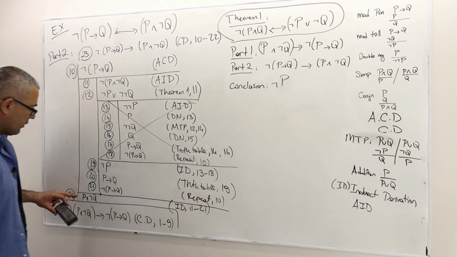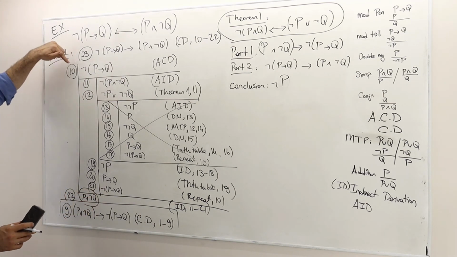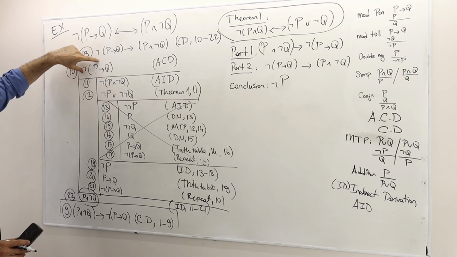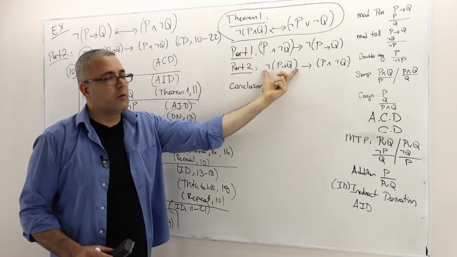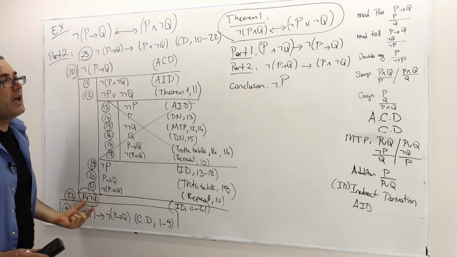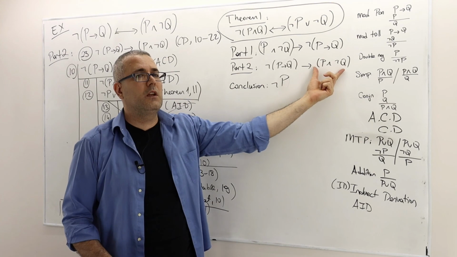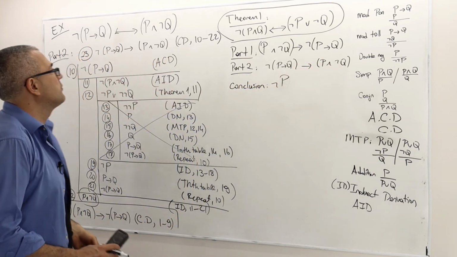So P and not Q is a true statement. So what I have shown in line 10, if I assume that not P implies Q is true, which is the first part of this conditional statement, then P and not Q, the second part of the statement, must be true. Hence, I actually have proven this part too.